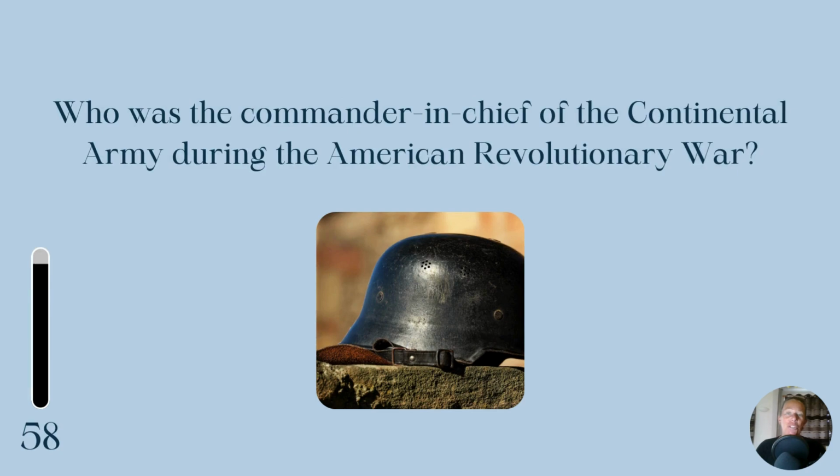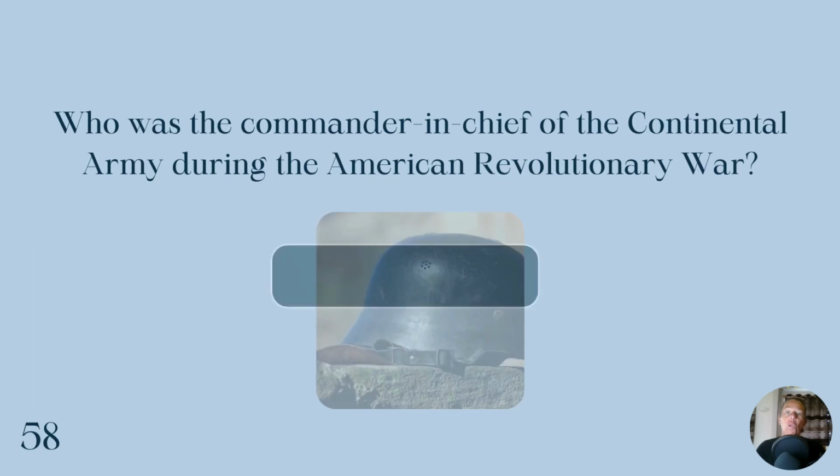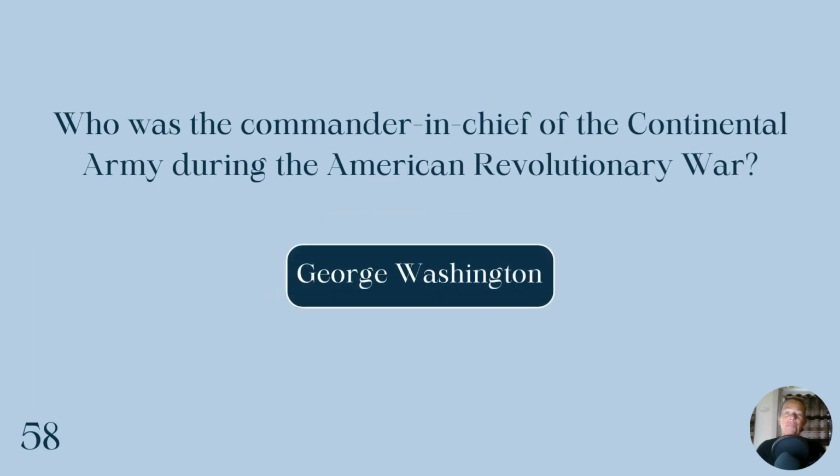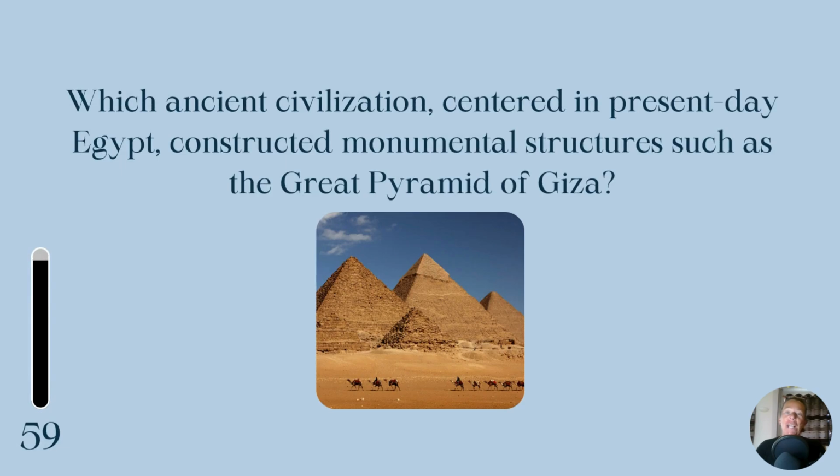Who was the commander-in-chief of the Continental Army during the American Revolutionary War? George Washington. Which ancient civilization centered in present-day Egypt constructed monumental structures such as the Great Pyramids of Giza?